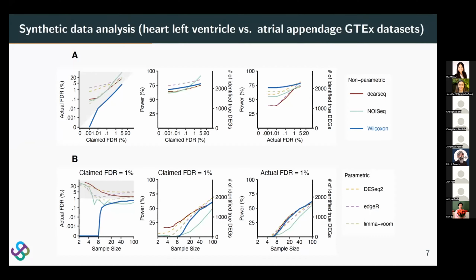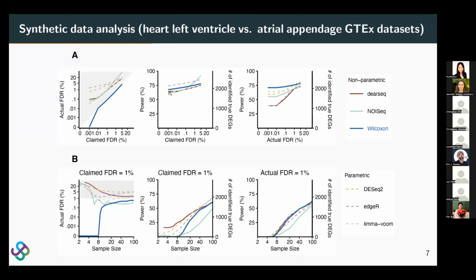If we focus on panel A, we can see that among all the methods, only Wilcoxon can control the false discovery rate under the threshold. And all other methods, no matter non-parametric or parametric, cannot control the false discovery rate.